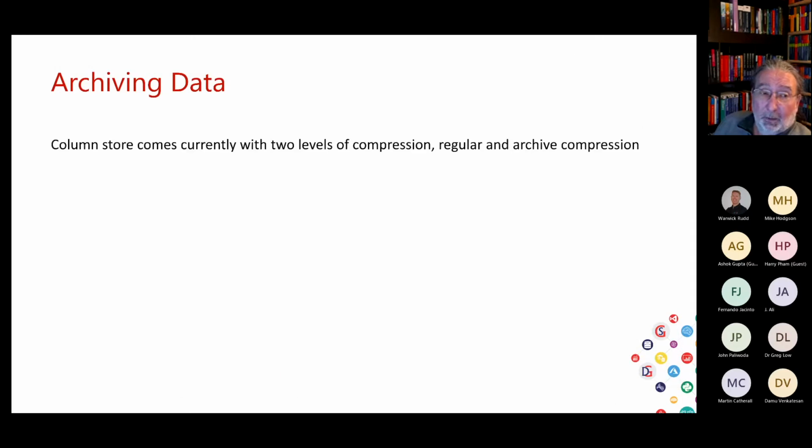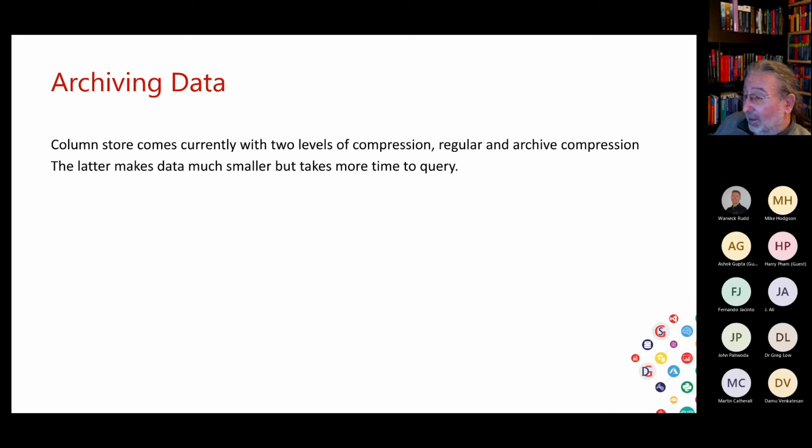Archiving data. So column store currently comes with 2 levels of compression, regular and archive compression. Yeah? The latter makes data much smaller, but takes more time to query. Honestly, we run everything in archive compression. We don't do the regular one.